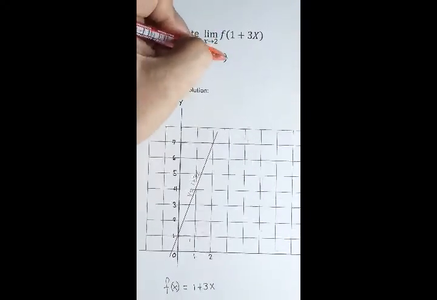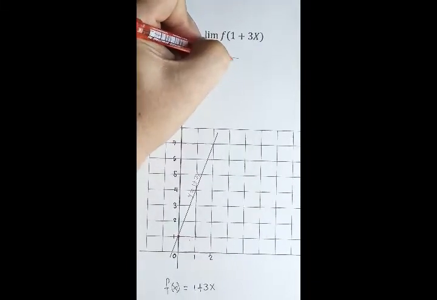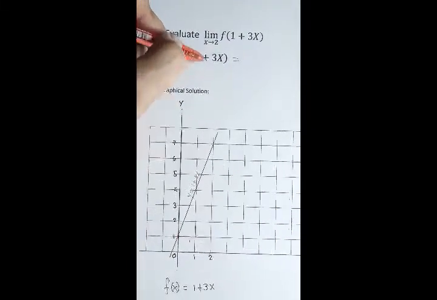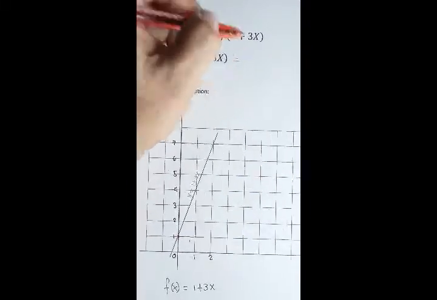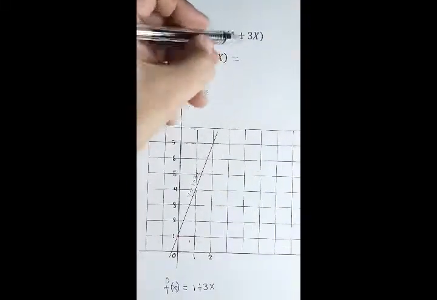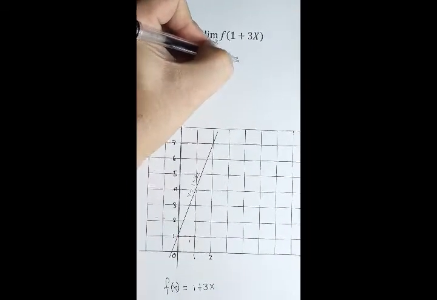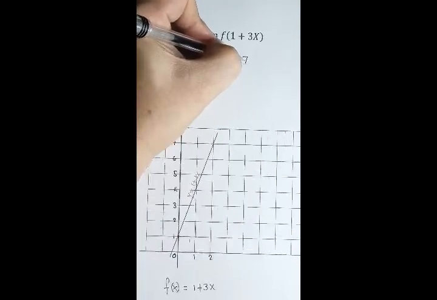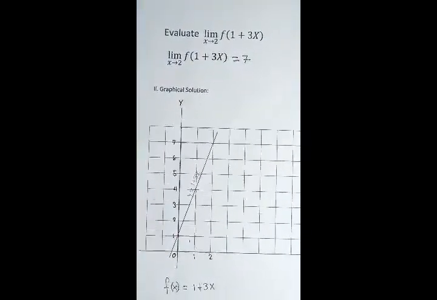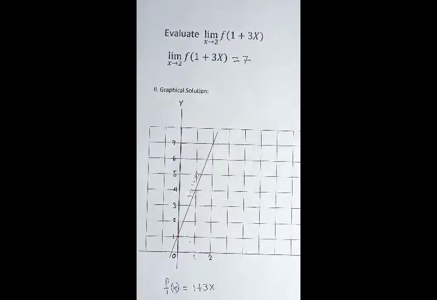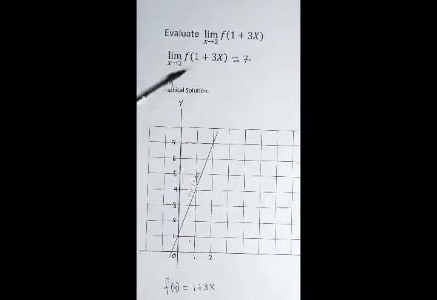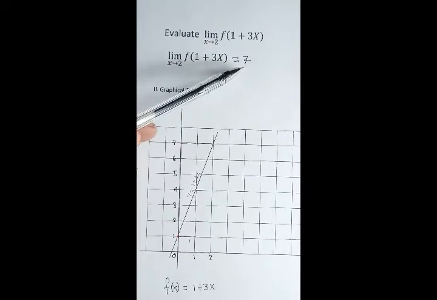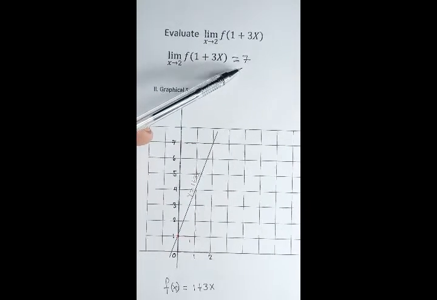So the limit for this line, 1 plus 3x as x approaches 2, is equal to 7. So it is the same as before using a table. We found out that its limit is 7.